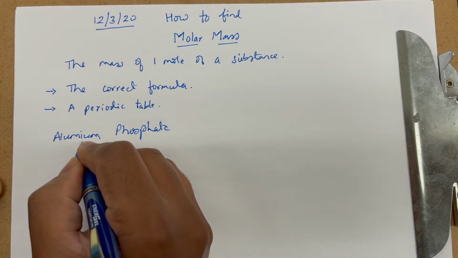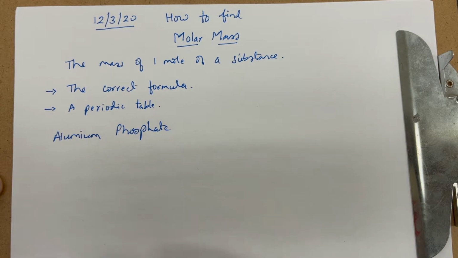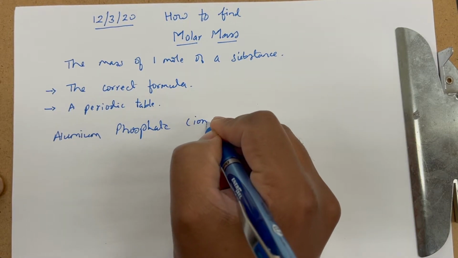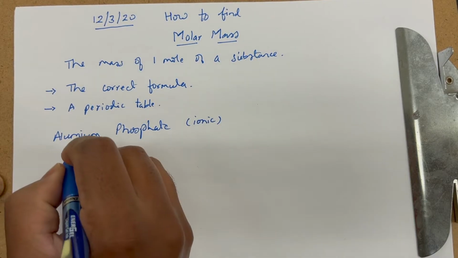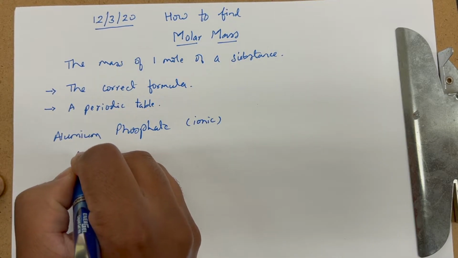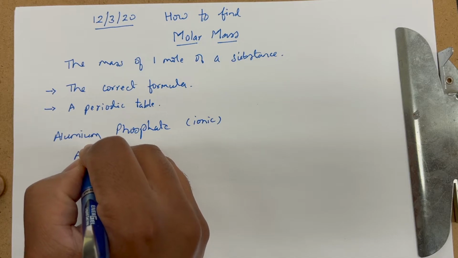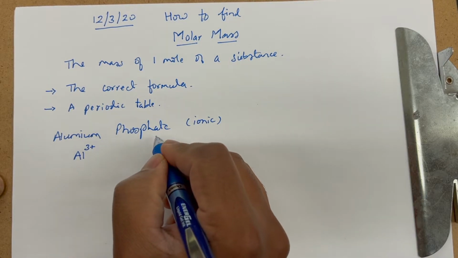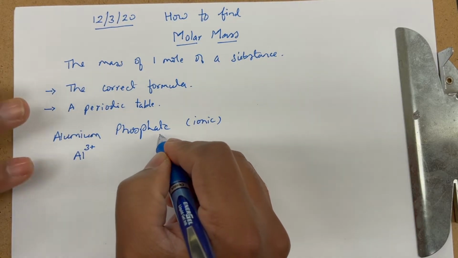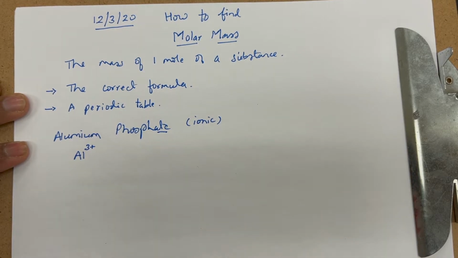So I look at my name, I see that aluminum phosphate is an ionic compound. So because it is ionic, I have to balance the charges. So my periodic table tells me that aluminum is a metal. It belongs to group 3A, so it is 3 positive. I see that phosphate is a polyatomic ion because it ends with -ate.